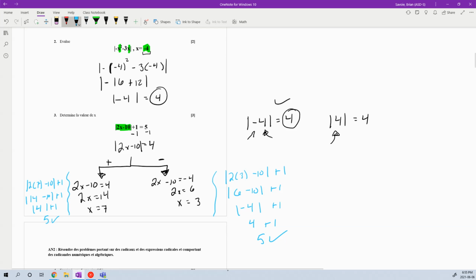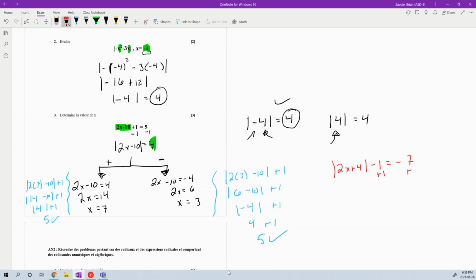The one final note I'll make here is if ever you get to a point where you isolate down and you get a negative there, so basically you have a situation where the absolute value is equal to a negative. That should set off warning bells because an absolute value can never equal a negative. I'll make a question up on the spot. Let's say I've got |2x + 4| - 1 is equal to -7.